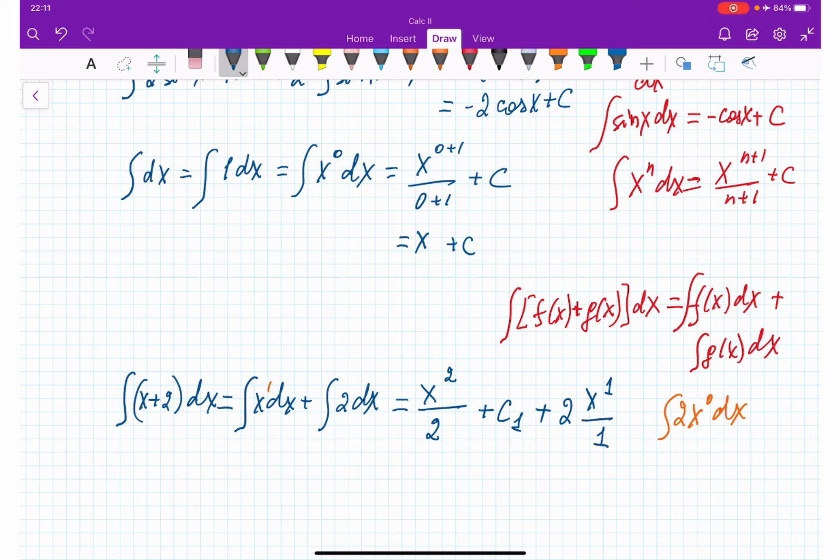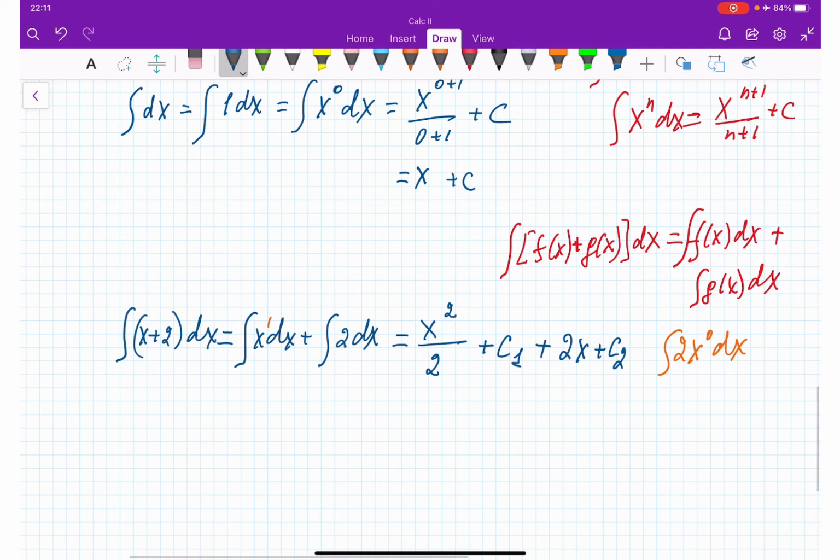Or otherwise it's just x. So 2x plus c2. And if we combine, we get x squared over 2 plus 2x plus c, where c is equal to c1 plus c2.